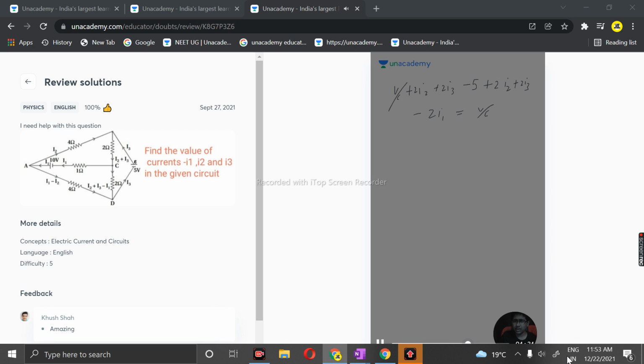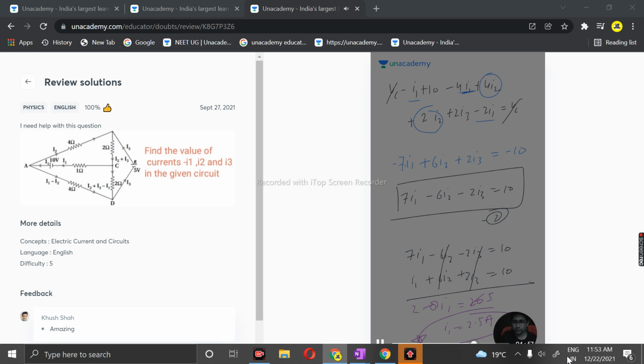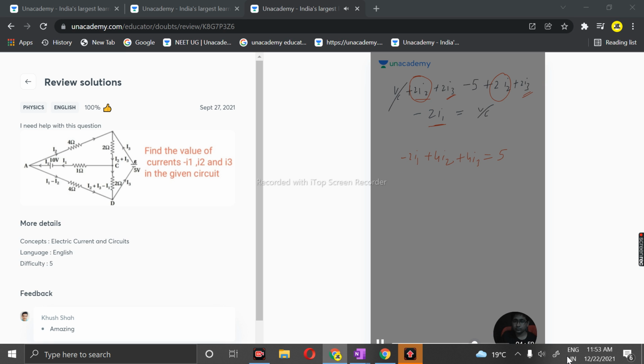We are getting minus 2I1, then 4I2, then plus 4I3 is equal to 5. We already know the value of I1, that is 5 by 2.